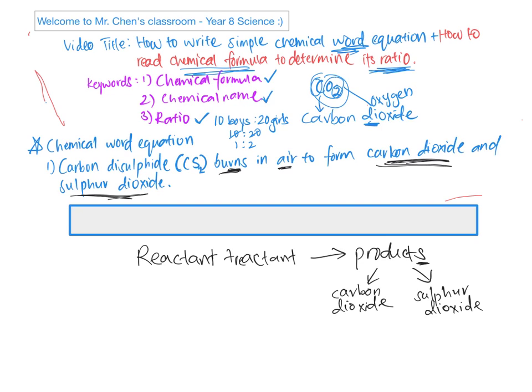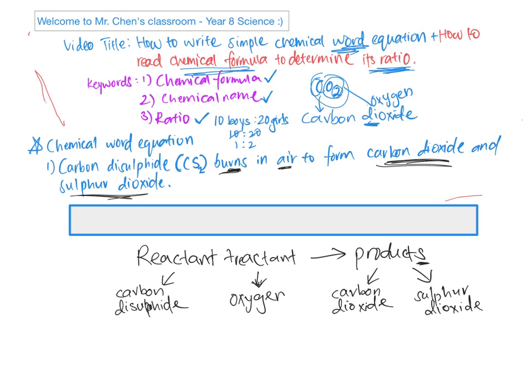The reactants here, there are 2 of them. The first one is your carbon disulfide, and your other one is, surprise, air. So what it means here, as in air, it is your oxygen.